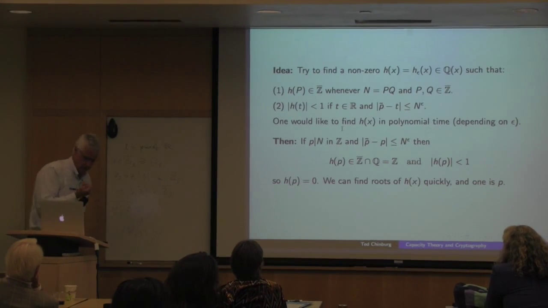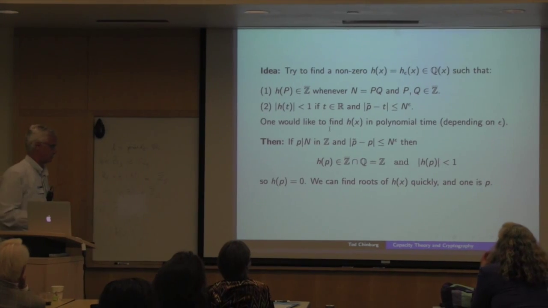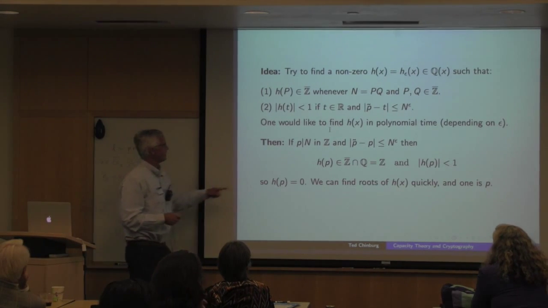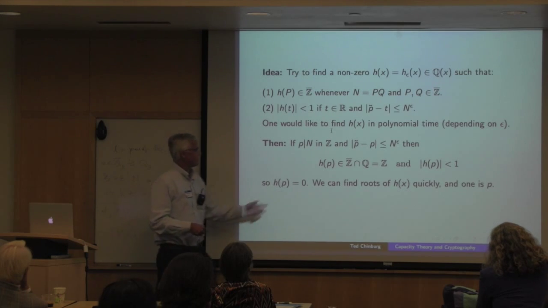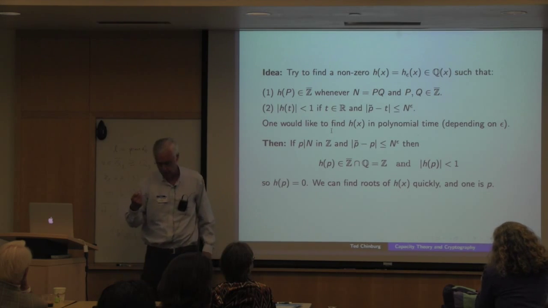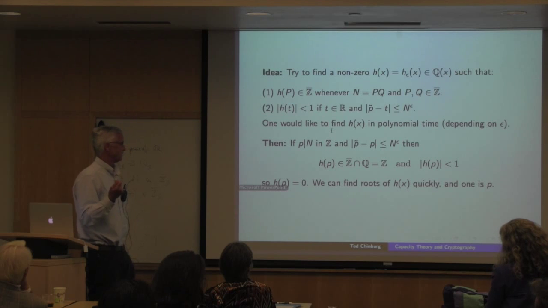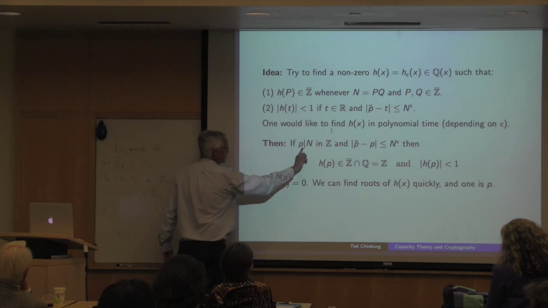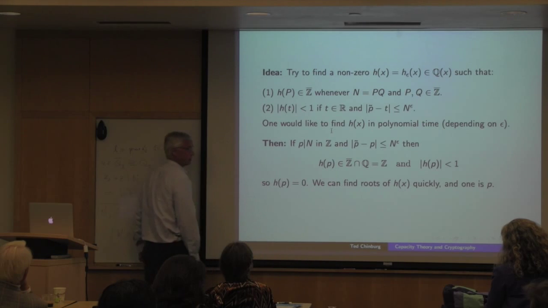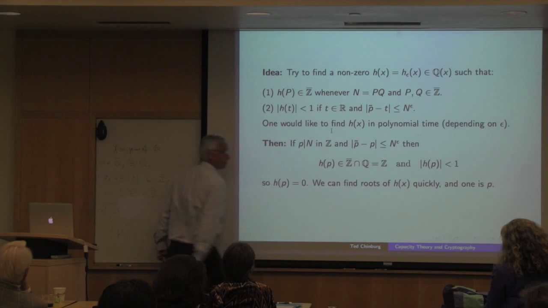And here's why this is enough to solve this factoring problem. If I had an honest divisor of n in the integers, and it was within n^epsilon of this approximation P tilde, then you'd know two things. First of all, the value of the rational function on P would have to be an algebraic integer, but it's also a rational number.